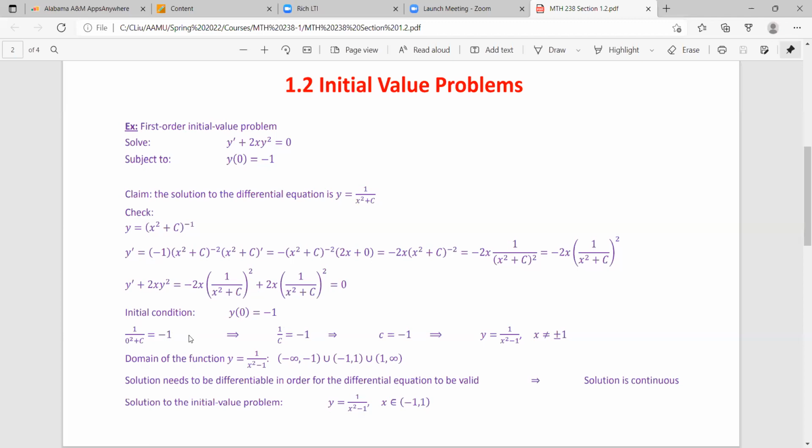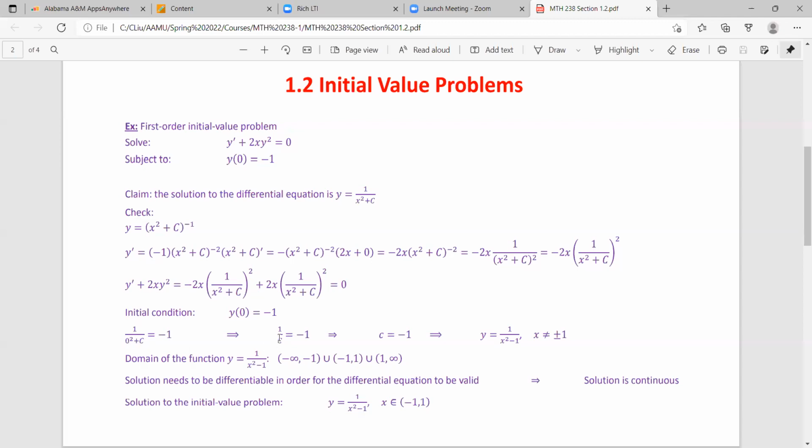Right? So if you put 0 in for x, you get 1 over 0 squared plus c, and the whole thing is just -1. And that's easy to solve. So you get 0 plus c, which is c in the denominator.